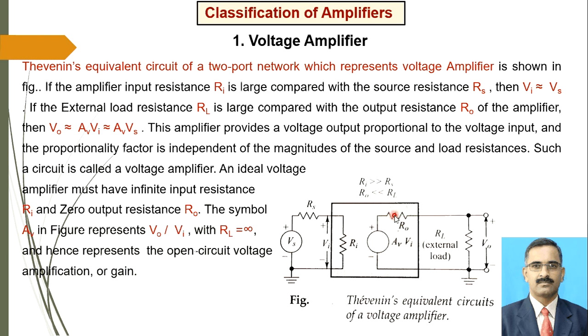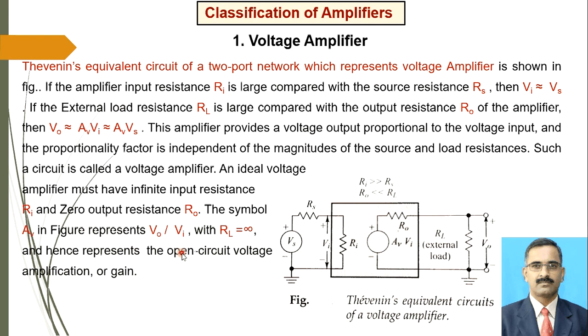The symbol AV in the figure represents the voltage gain V naught upon Vi, with RL infinite. Hence, it represents the open circuit voltage amplification or gain of that particular amplifier.